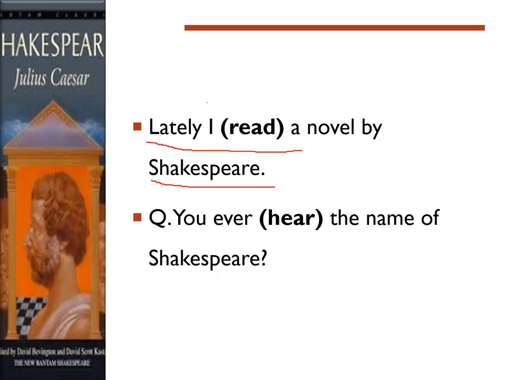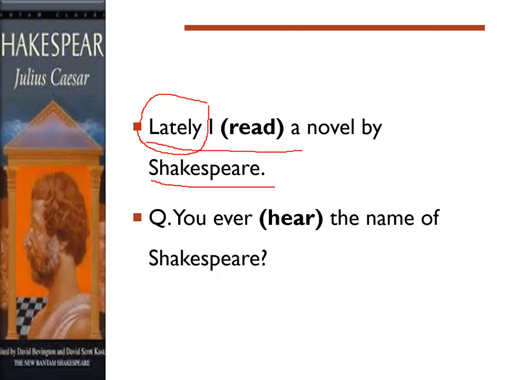So here there is a word, lately, and you have to know the meaning of this word. Lately represents that the work has happened very recently. So the meaning of that sentence is lately, recently, I read a novel by Shakespeare.